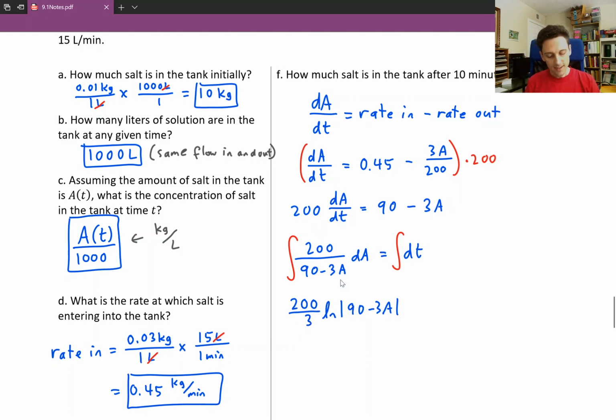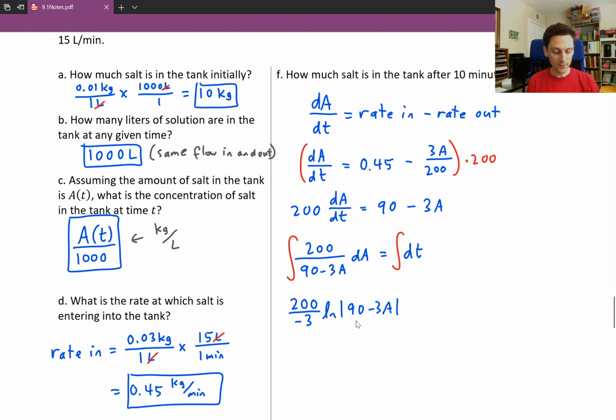The reason for that is technically you'd have to do a u substitution here. Let u equal 90 minus 3A. Then du will be negative 3 dA. So the negative 3 you can divide over to the other side, so you'll have negative 1/3 du, and that negative 1/3 comes out of the integral.